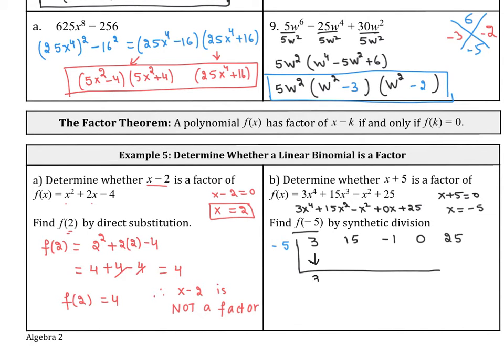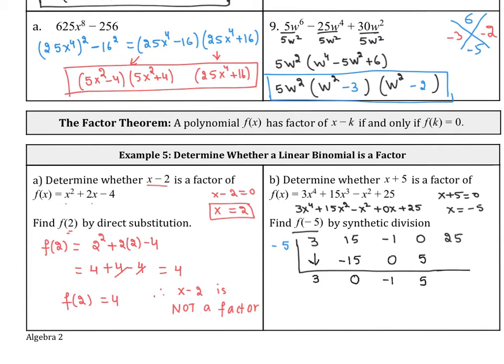So bring down the 3 as it is. -5 times 3 is -15. And that's 0 when we add them. 0 times -5 is 0. -1 plus 0 is -1. -1 we are going to multiply with -5, so that's going to be 5. 0 plus 5 is 5.